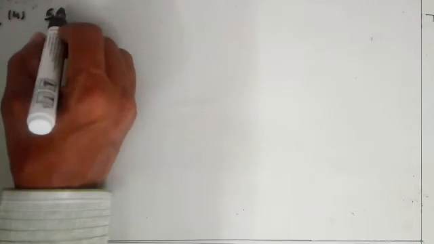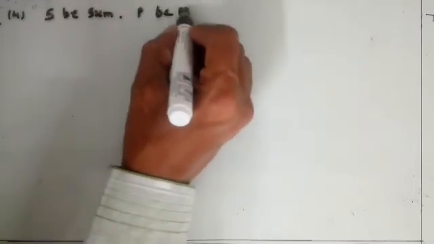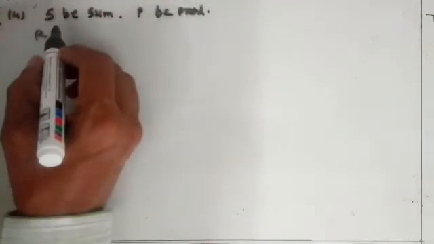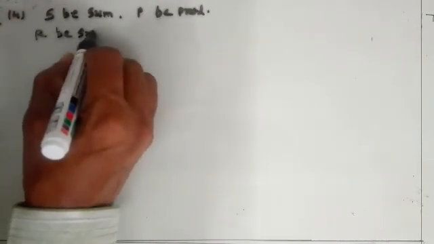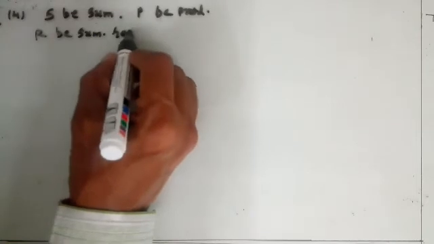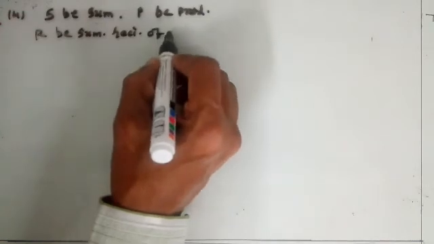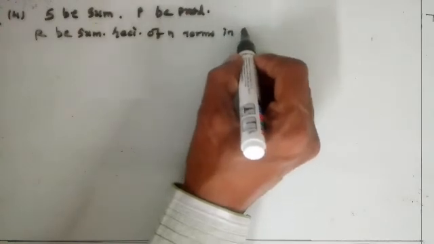Now question number 14. Let S be the sum, P be the product, and R be the sum of reciprocals of n terms in a GP.